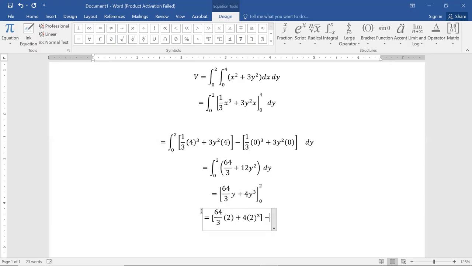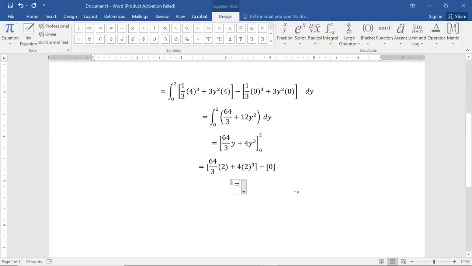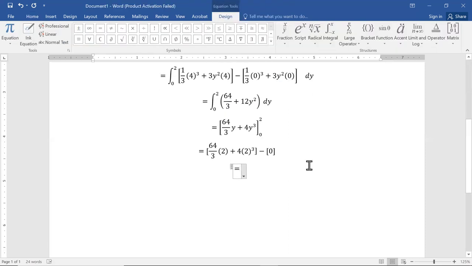And when you plug in 0, just to save myself some time, plugging in 0 for y gives me 0 plus 0, so that just gives me 0. I won't write all that. So 64/3 times 2 plus 4 times 2 to the third gives me 74 2/3, or about 74.67.